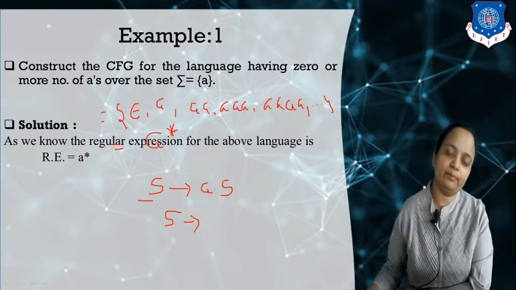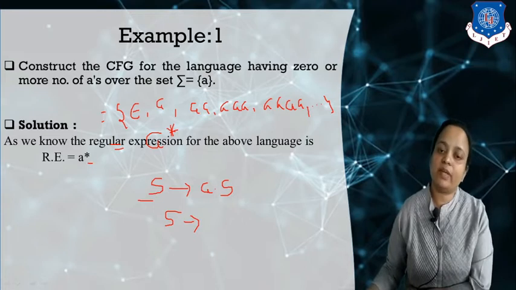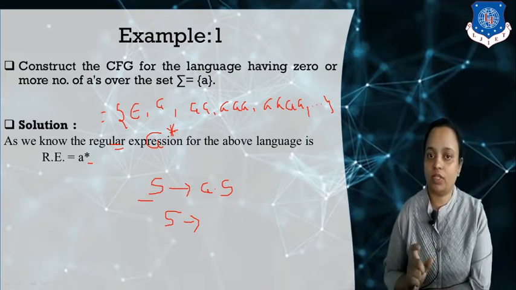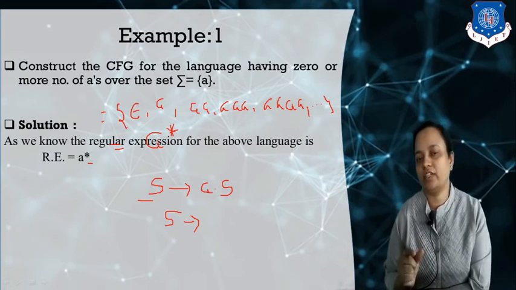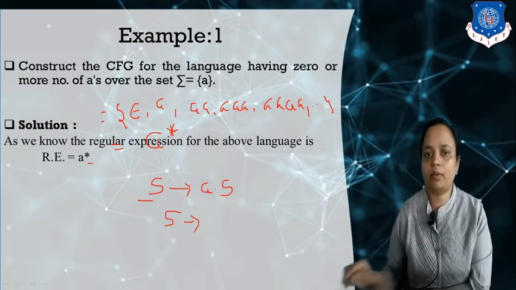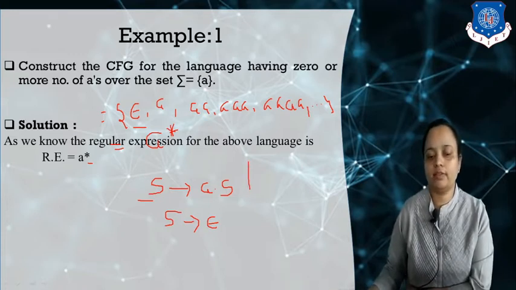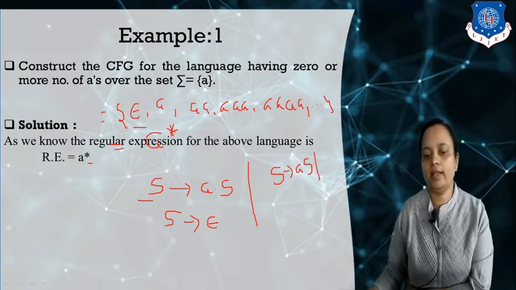Always remember, when a star is given, the term is repeated, but you also have to write down the minimum length of string. Our language has a minimum length of null, so S derives null. So we can write S derives A S, and S derives null.